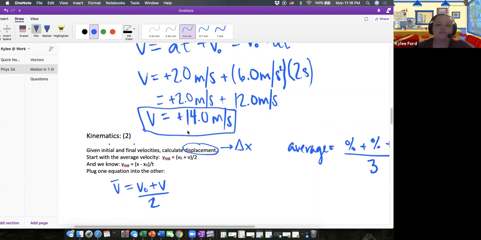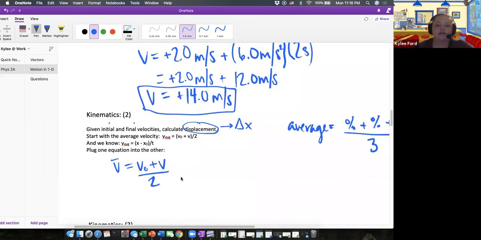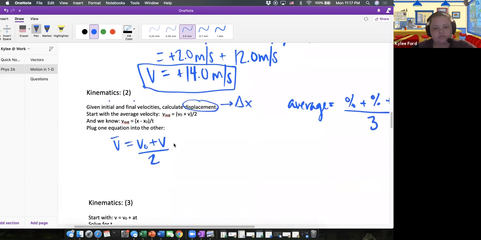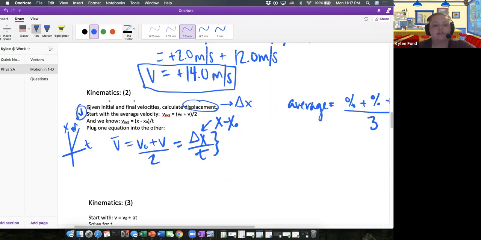And we also know that v, when we're looking at our plots, equals some delta x over t. Our delta x, remember, is x minus x naught, because this is when we were looking at the slope of our x versus t. Remember, our slope had to do with our velocity in this case.